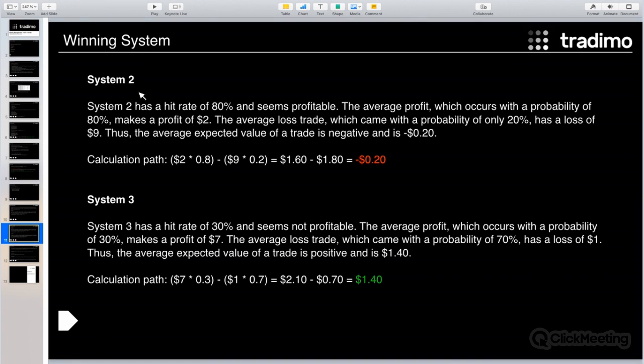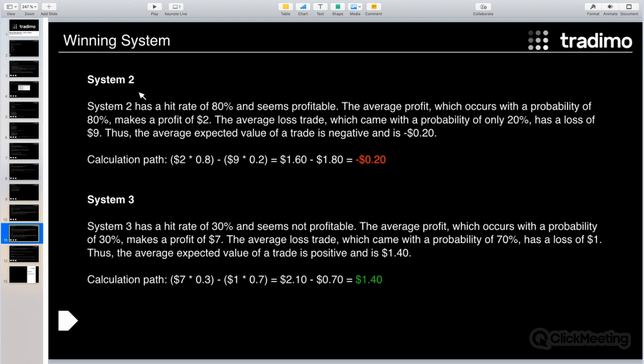And finally, you see system 3, only a very small hit rate of 30%, but you earn $7 each time you make a winning trade, and you lose only $1 if you have a losing trade. Of course, for your trading psychology, it is very hard to have a system with a 30% win rate and a 70% losing rate, but this is usually a trend following system in trading.